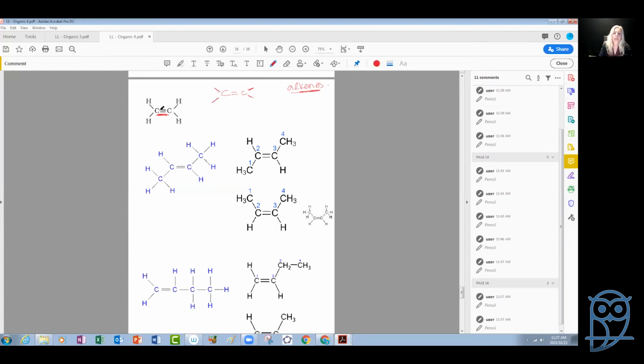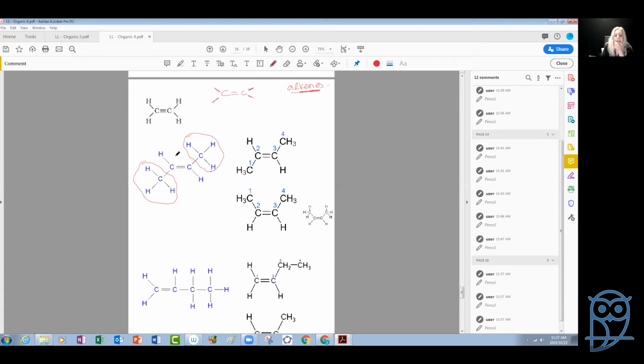We have the two carbons, and here at these two extra bonds per carbon, we are going to write whatever else is connected to these two carbons. So in this first compound, it so happens nothing special. The other two are hydrogens, but sometimes, like here, we have more complex connections to the two carbons.